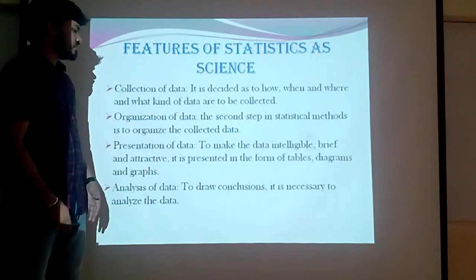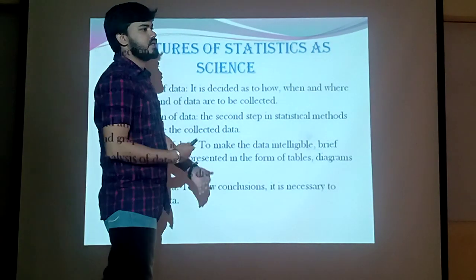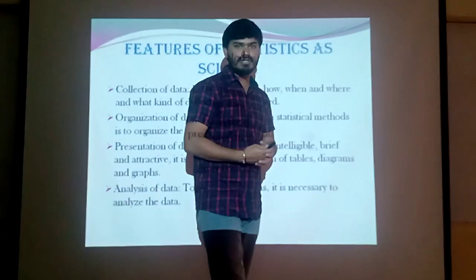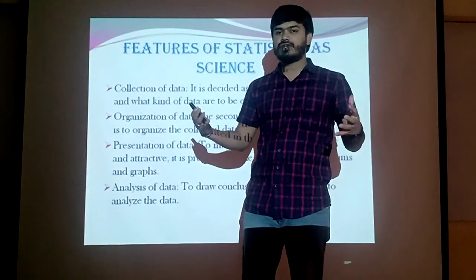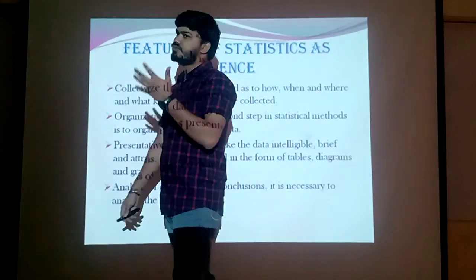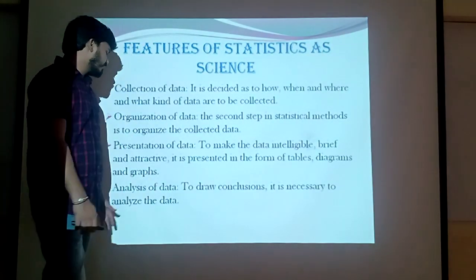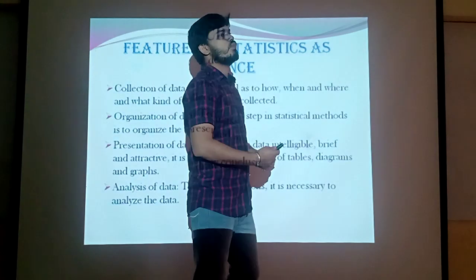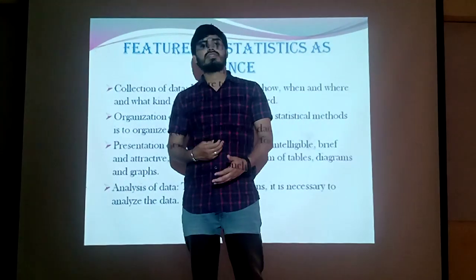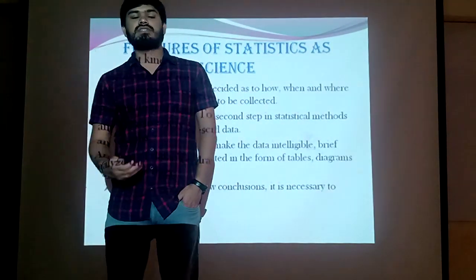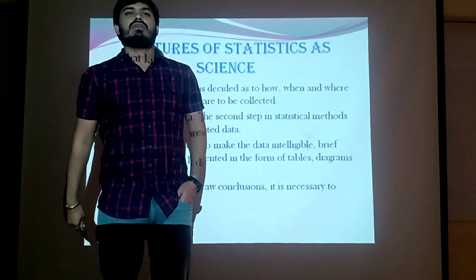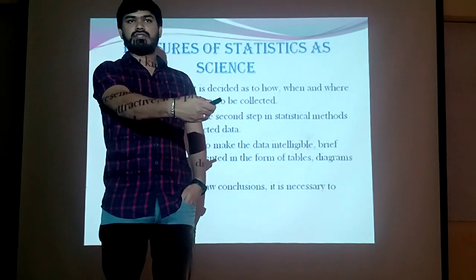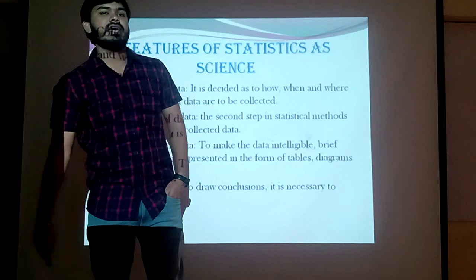Then presentation of the data: through tables, diagrammatic presentation, or textual presentation, whatever technique you use. Finally, we analyze the data with various statistical measures like mean, mode, median, correlation, regression, and some other measures. We finally find the result or make better decisions in an economy.